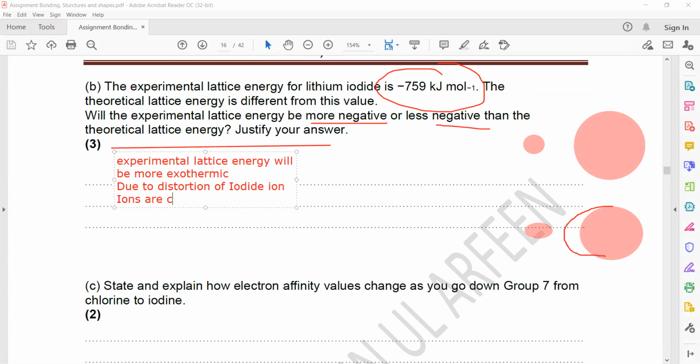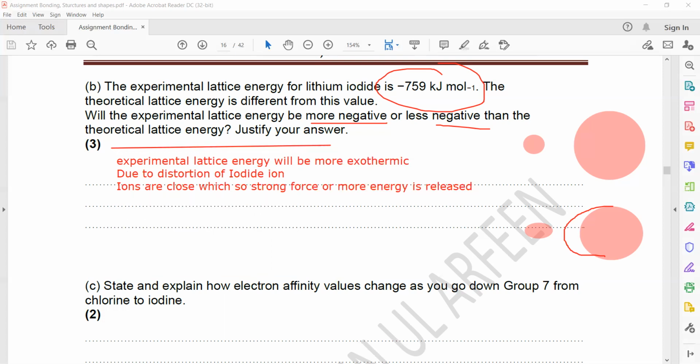Ions are closer, which required so strong force, or more energy is released. Is it clear why the theoretical lattice energy and the experimental lattice energies are having a difference, and why experimental is higher than theoretical? Is it clear, this part?